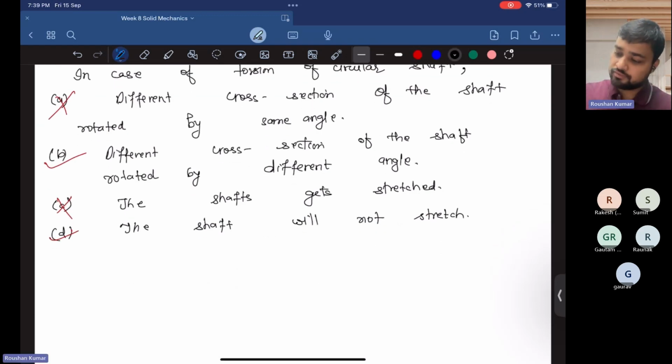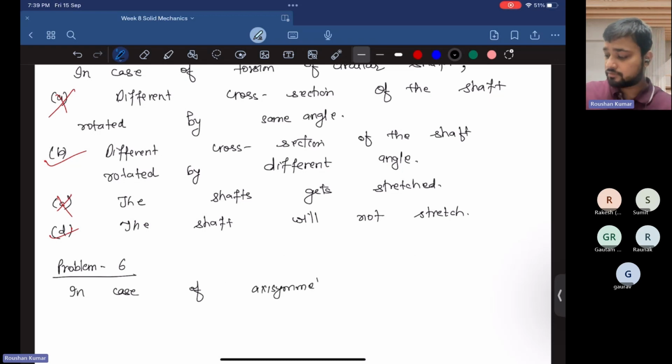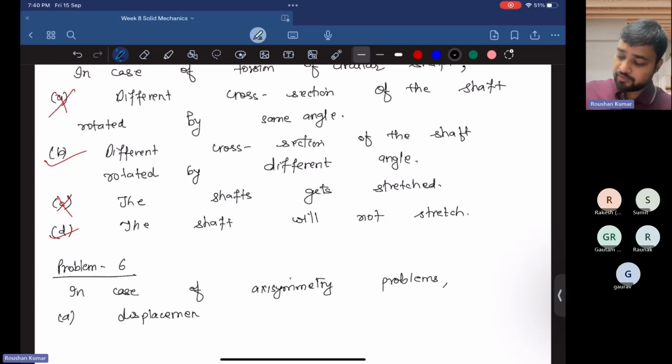Now the second question, problem number 6. In case of axisymmetric problems, the first option is displacement component depends on theta.